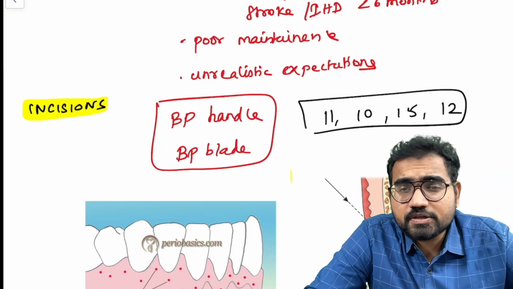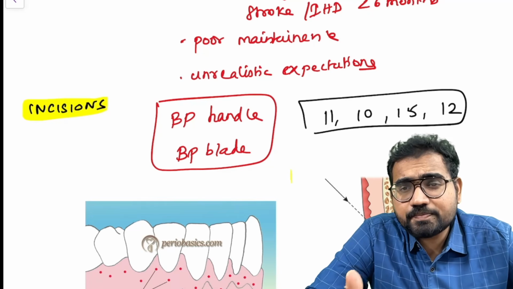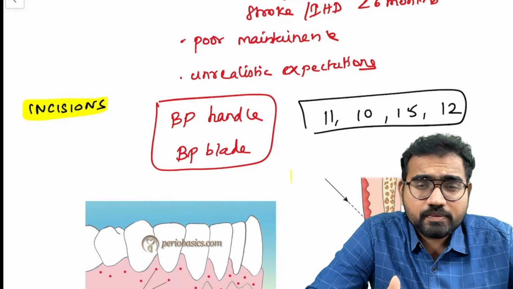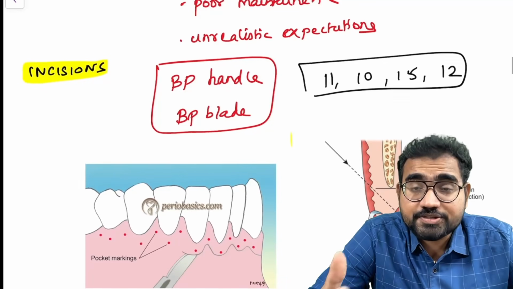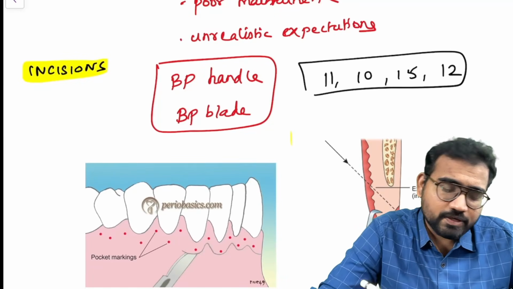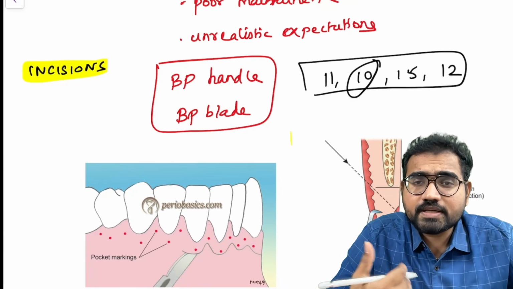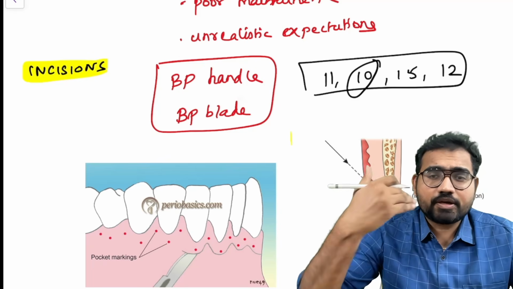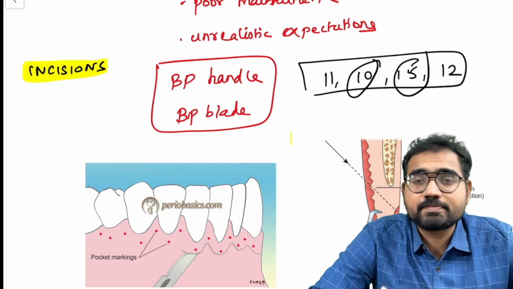These are the various sizes of blades, and we select each blade size for each kind of procedure. For example, for a stab incision to drain a periodontal abscess, we can use a 10 blade. I'll tell you what the remaining blades are used for as we go. Most commonly we use the 15 size blade.